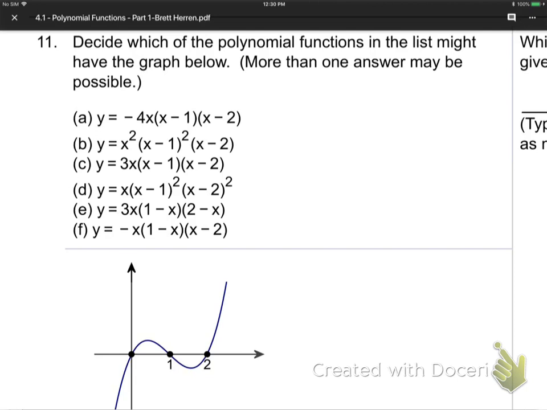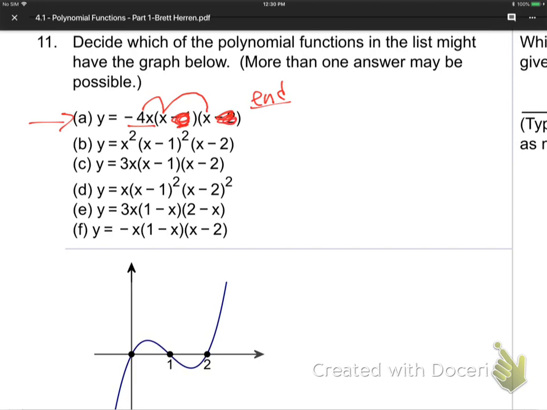So let's go through it. So how about A? It can't be that because it would make it go down. So we got a negative in the front. So the end behavior, if we multiply that out, just imagine if you foiled that out. You would have negative 4x that would multiply x, and it would multiply the negative 1, but I don't care. He's a less powerful interaction. And that would eventually multiply the other x, and the negative 2, but I don't care.